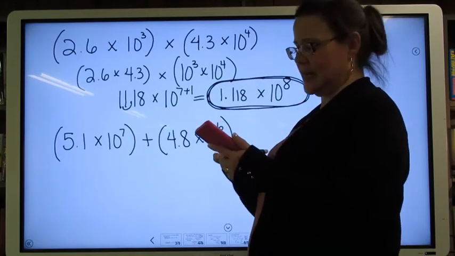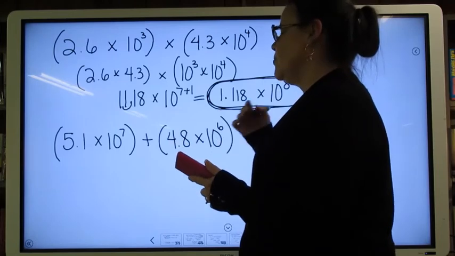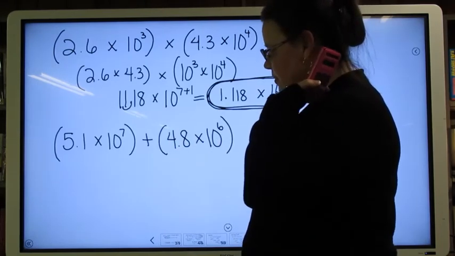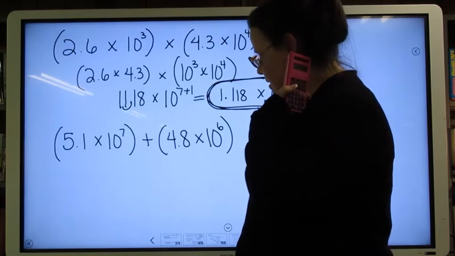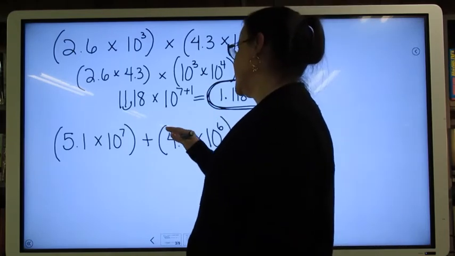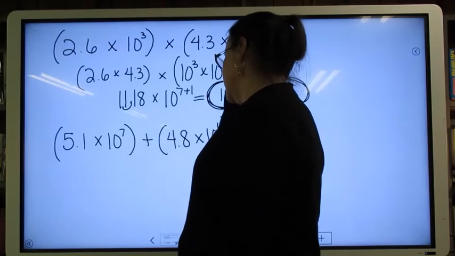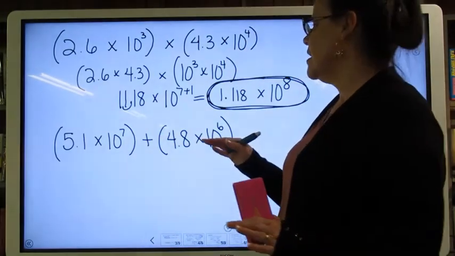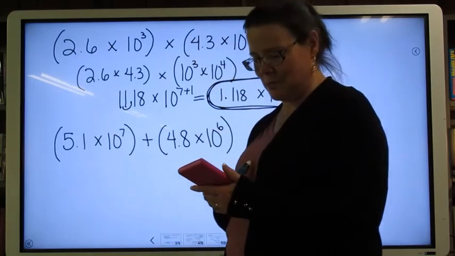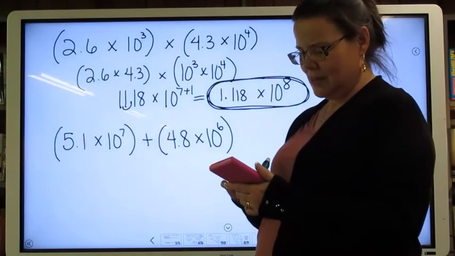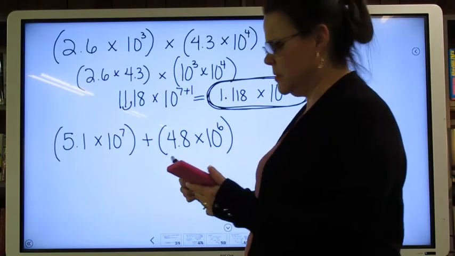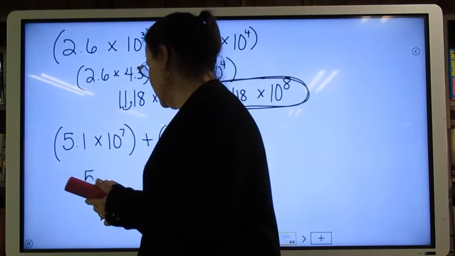This one is adding again. You could add 5.1 plus 4.8 and then do the powers of 10, but it's so complicated to do it that way. Just change them back to regular numbers like we did prior in the sample. This would be 51 million.